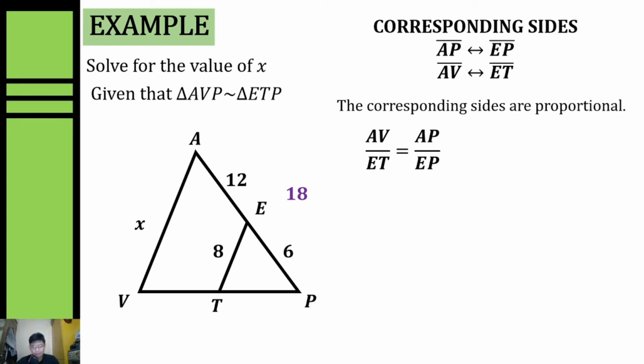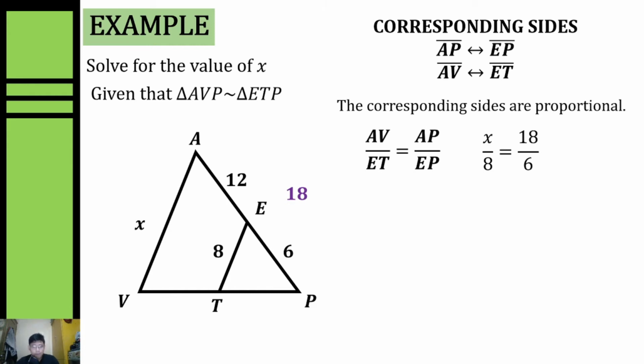AV is x, ET is 8, AP is 18, and EP is 6. Take note, AP is the sum of side AE and EP, so 12 plus 6 is equal to 18. So we will have x over 8 is equal to 18 over 6.